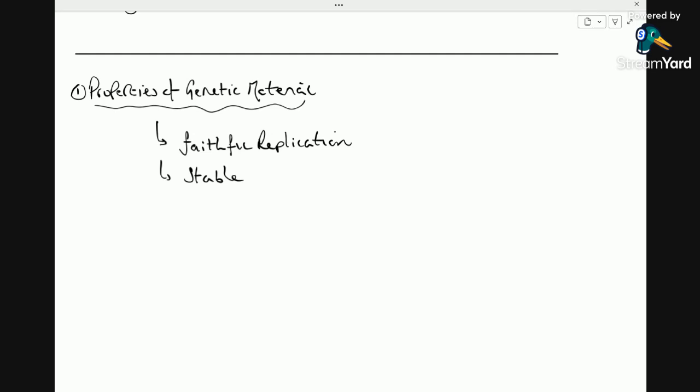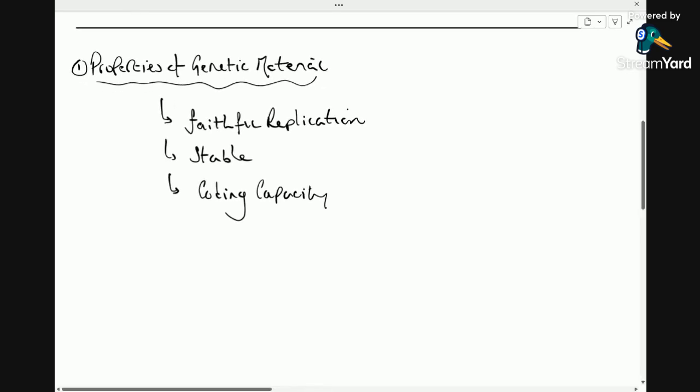The final thing is it must contain coding capacity. If it's going to act as a genetic code, it has to have some ability within it to encode information to make proteins.